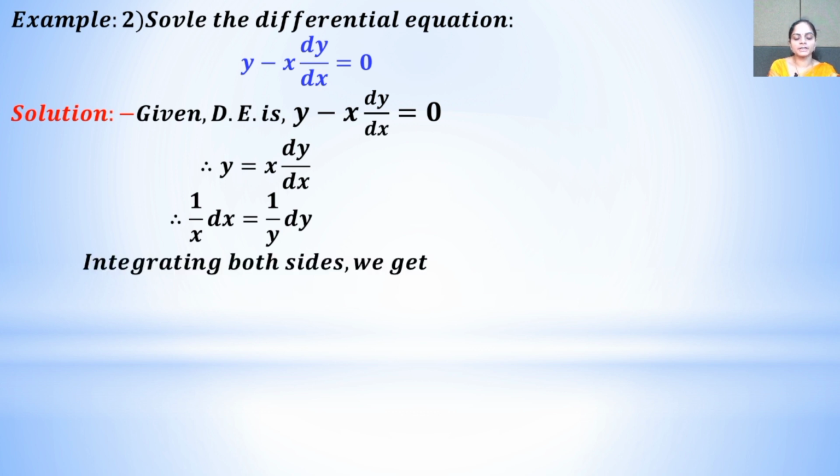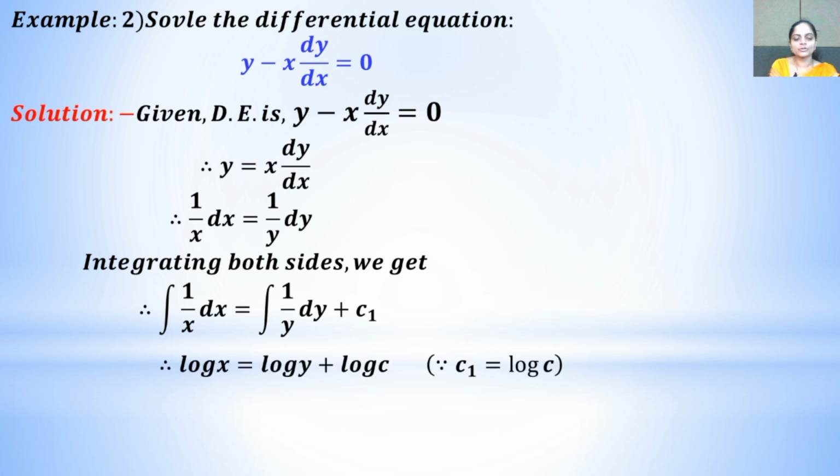On integrating both sides, we get integration of 1 upon x dx is equal to integration of 1 upon y dy plus c1. Therefore, log x is equal to log y plus c1. Here, both the terms are in log form, so we take the constant c1 as log c.